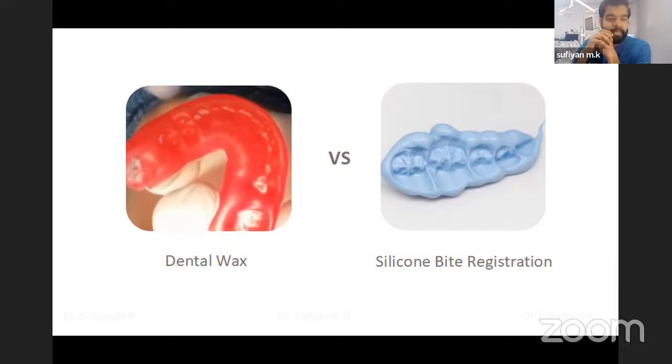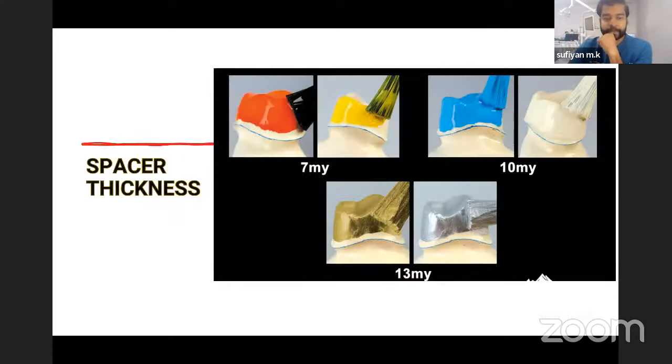It might melt, it might deform, and during the process, the occlusion might come out, right? So that's the reason use silicone-based bite registration material. And if the bite registration is not good, articulation will not be good. If articulation is not good, the prosthesis on that will definitely have some amount of occlusal interferences for sure, right? So that also you take care.